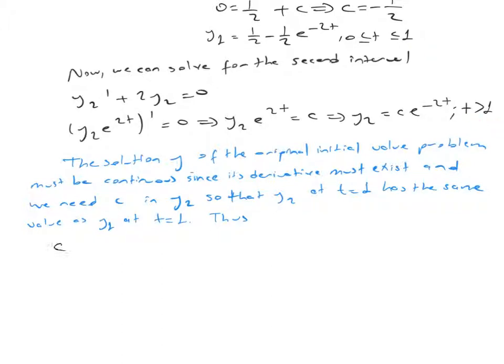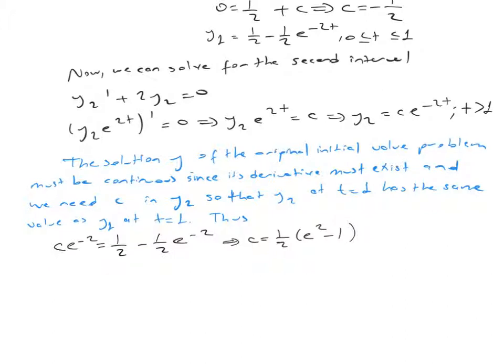So c times e to the minus 2 is equal to 1 over 2 minus 1 over 2 times e to the minus 2, and from here c is equal to 1 over 2 times e to the 2 minus 1. So we have a partial solution for the two time intervals, and we eliminated the jump discontinuity.